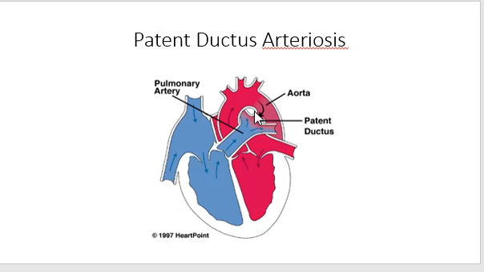And especially if you're a preterm or very small infant, you've got to go in through that femoral artery, so you may have to get surgery versus the catheterization. It's a pretty good prognosis with this one too.